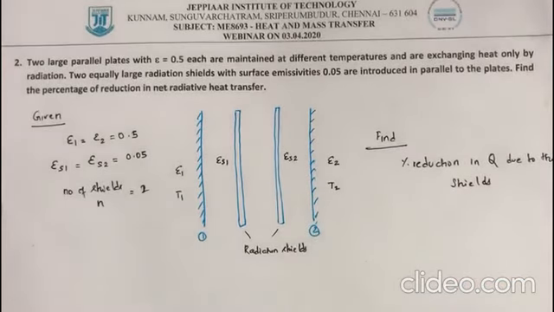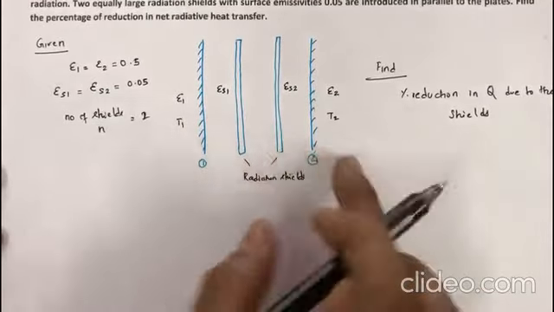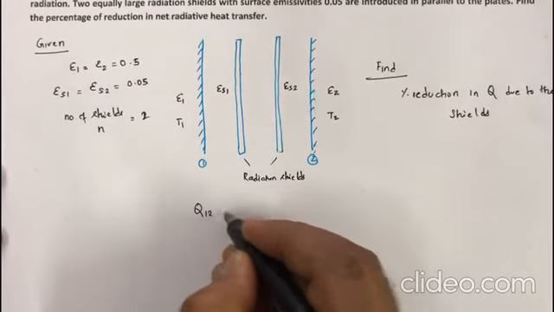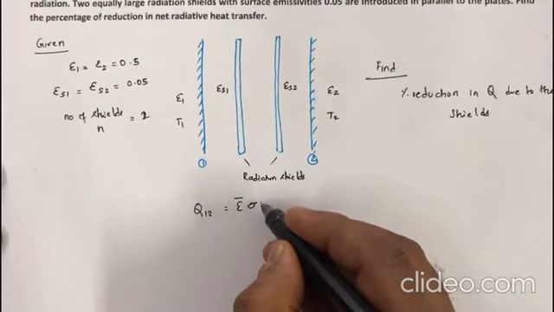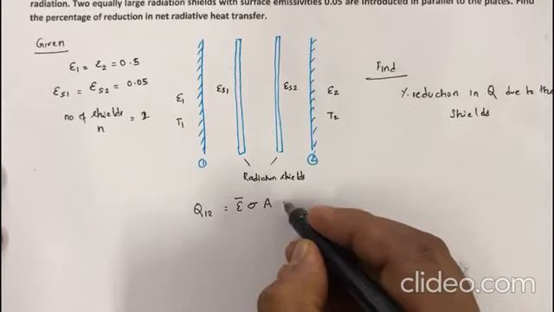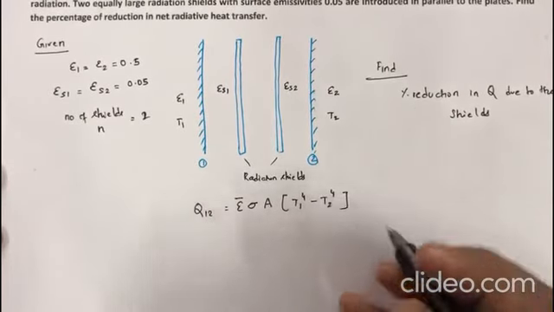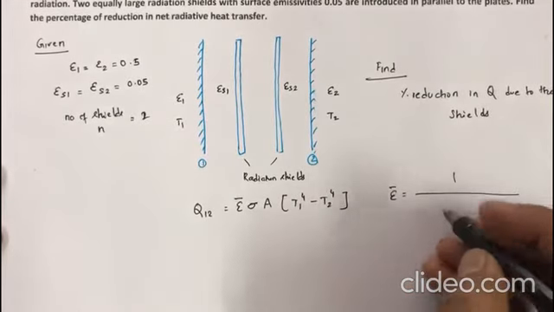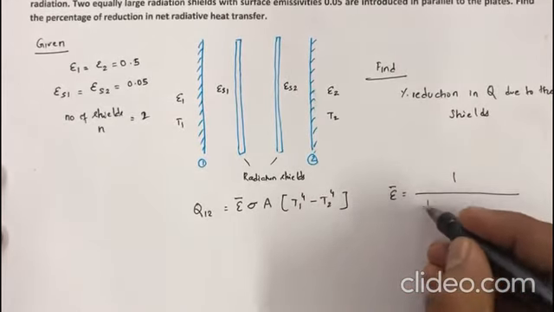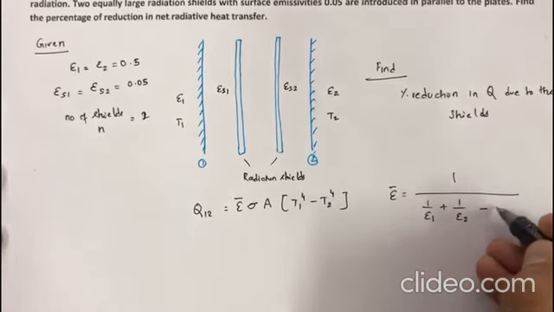So now the heat exchange between these two plates is given as Q12 is equal to epsilon bar, which is average emissivity, times sigma A, T1 power 4 minus T2 power 4. So this epsilon bar is equal to 1 by (1 by epsilon 1 plus 1 by epsilon 2 minus 1).